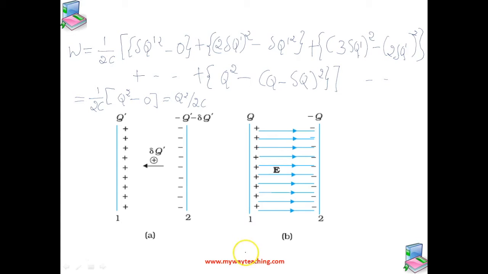So the same result can be obtained directly by integration.